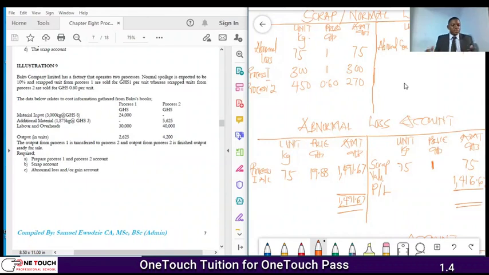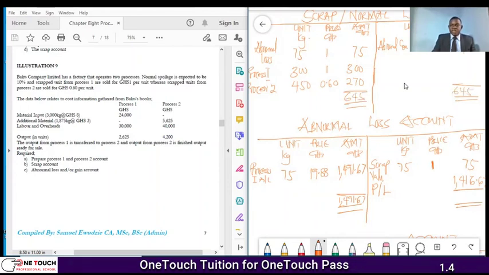So at the end of the day, we have to balance the accounts. Let's look at the amounts that we are going to receive. So we have 75 plus 300 plus 270. So more or less, this acts as a disposal account. So we have 645.